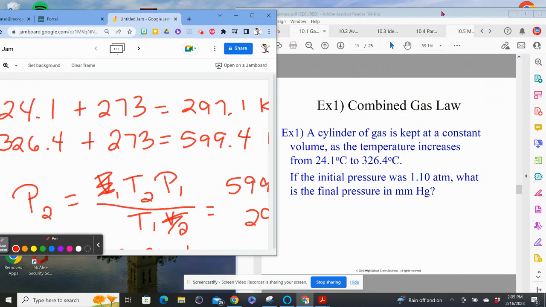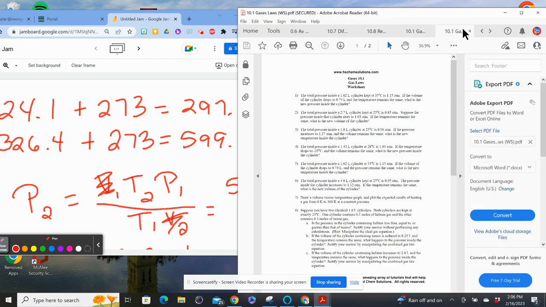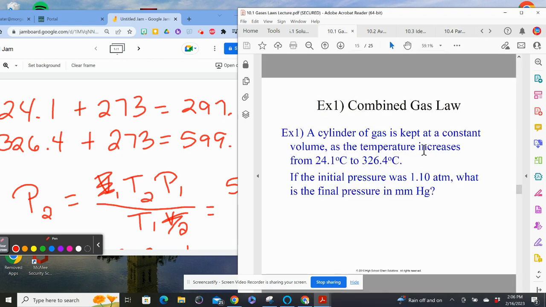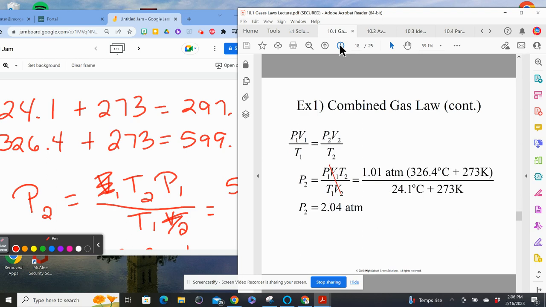So let's check the work on that one. Oops, wait a minute. That's the wrong problem. So they're solving the equation first for P2, plugging in, and dividing.